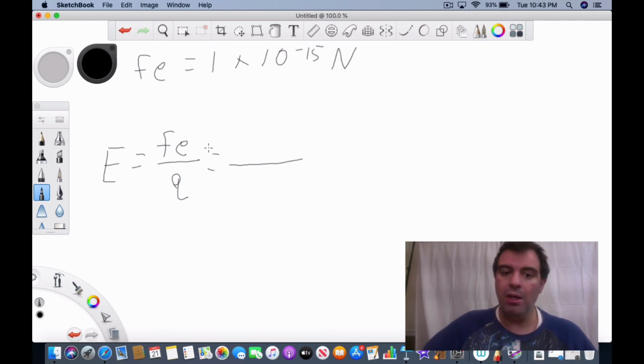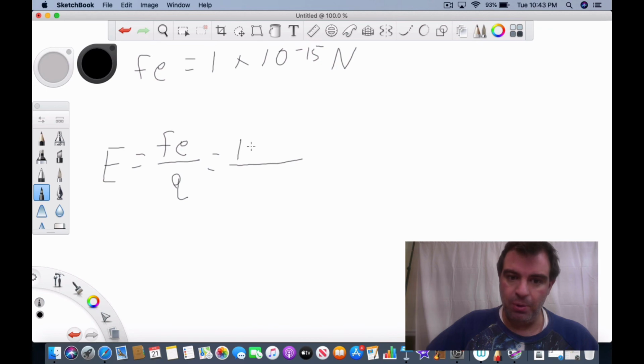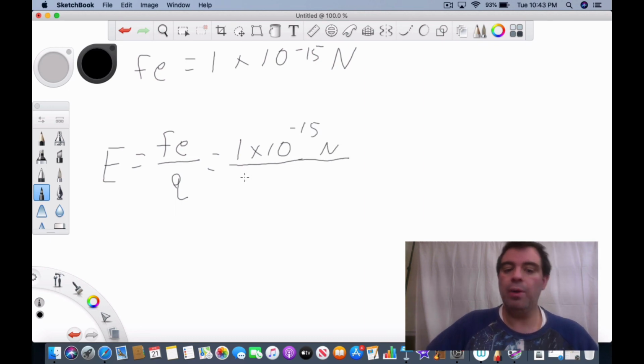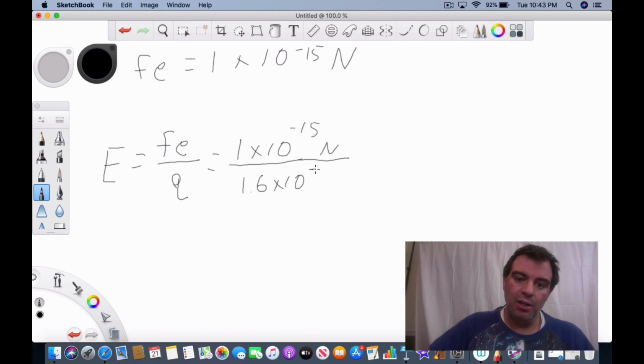That's what the question asked. So the electrostatic force goes right on top: 1 times 10 to the negative 15 newtons. Now we have to remember the Coulombic charge on one electron. If you guess that it's the elementary charge, you guess correctly. That is 1.6 times 10 to the negative 19 coulombs.